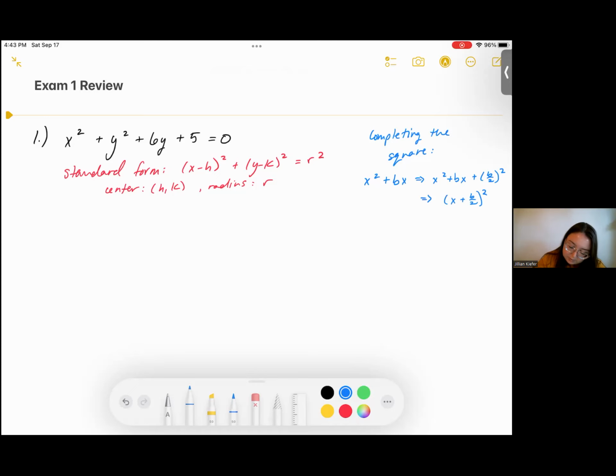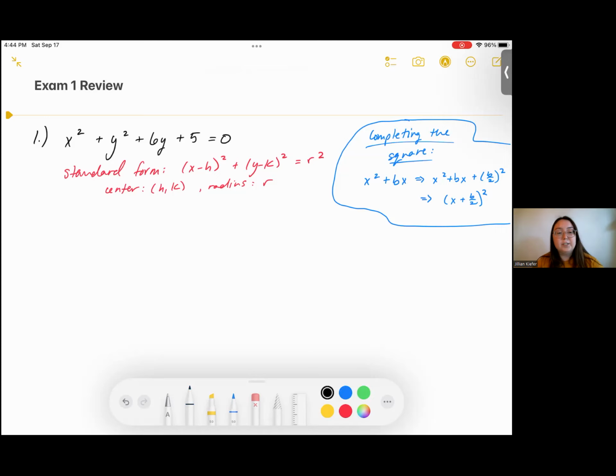We use completing the square because this is the result that we get when we simplify the problem in example 1. We're going to need completing the square to get our equation into standard form. So let's go ahead and work this out.